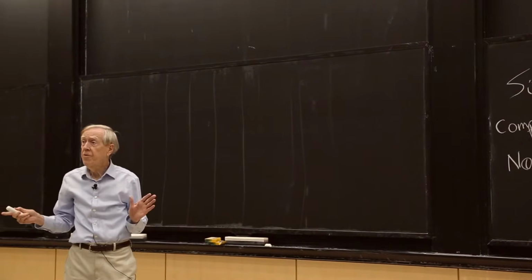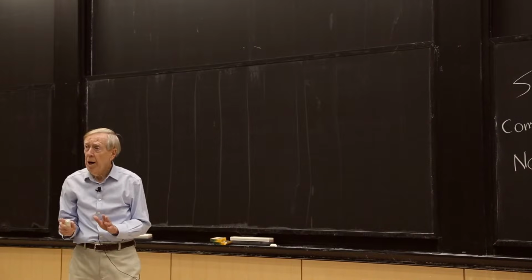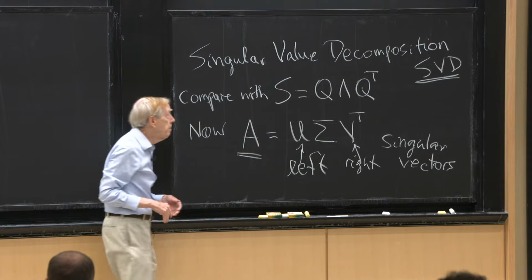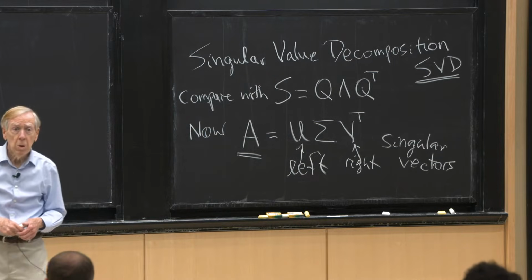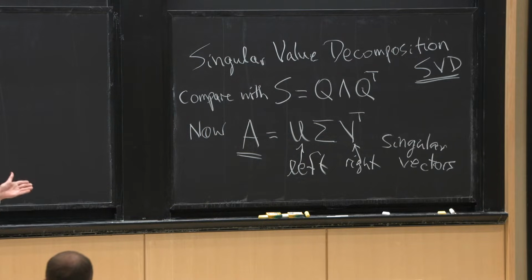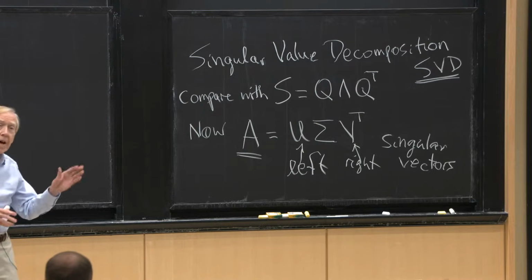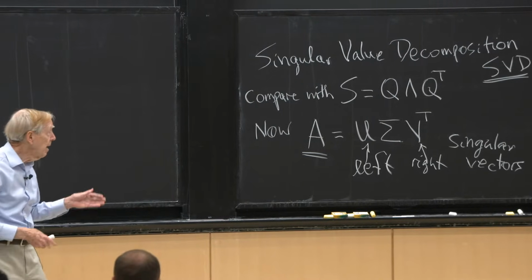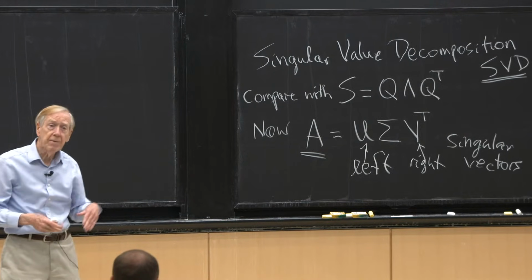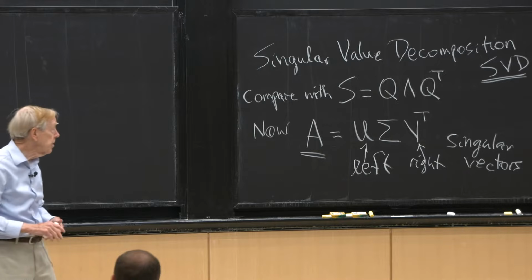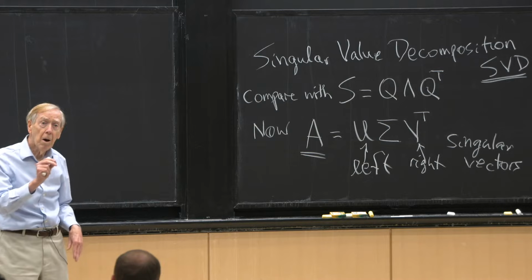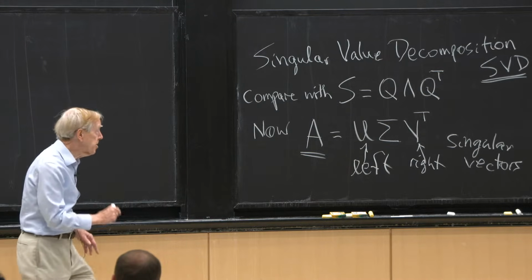There are two sets of singular vectors, not one. For eigenvectors, we just had one set, the Q's. Now, for a rectangular matrix, we've got one set of left singular vectors in m dimensions, and another set of right singular vectors in n dimensions. And numbers in between are not eigenvalues, but singular values.